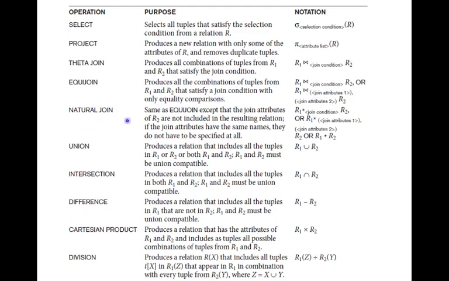Then we have natural join. It is equi join except that the join attributes of the second relation R2 will be excluded. Then we have the union operation, R1 union R2, which we have already seen, then intersection, difference operator and Cartesian product, and then finally we have seen the division operation. So these are the different relational algebra operations that we can use.